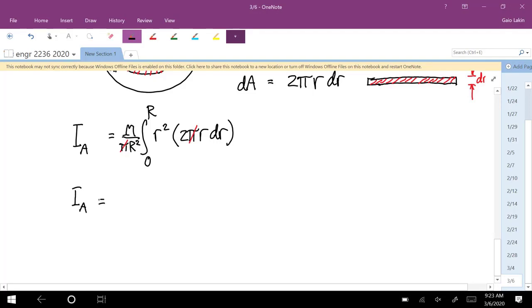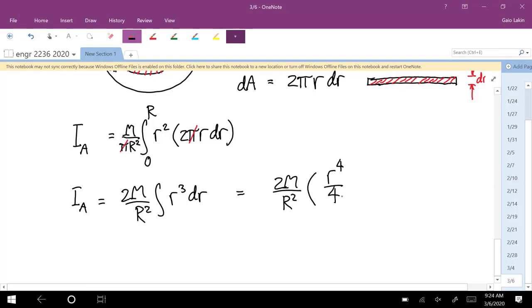And so I sub A is equal to M over R squared, and let's pull the 2 out here too, that's a constant, times the integral of little r cubed dr. And so that's 2 big M over big R squared times little r to the 4th over 4, evaluated from 0 to big R.